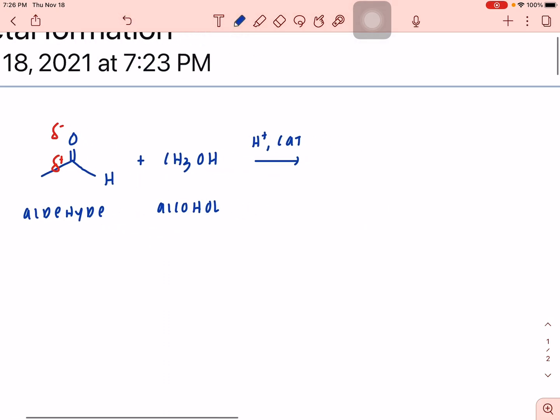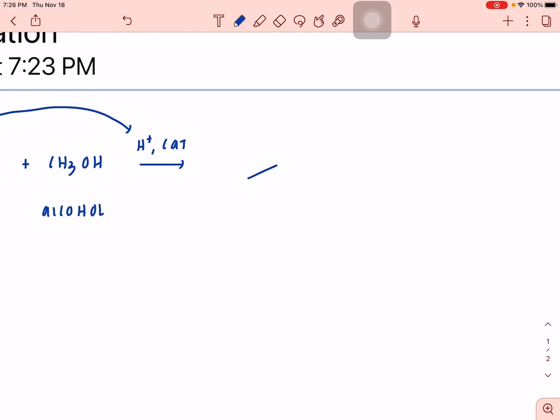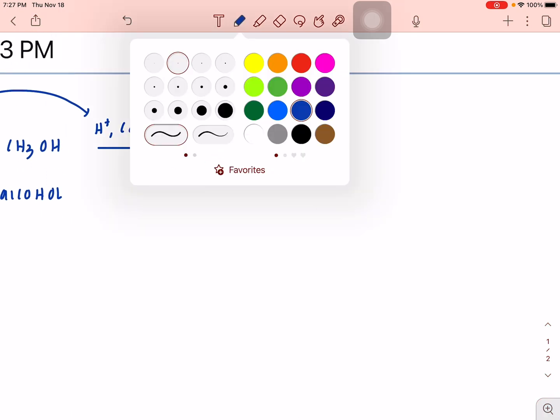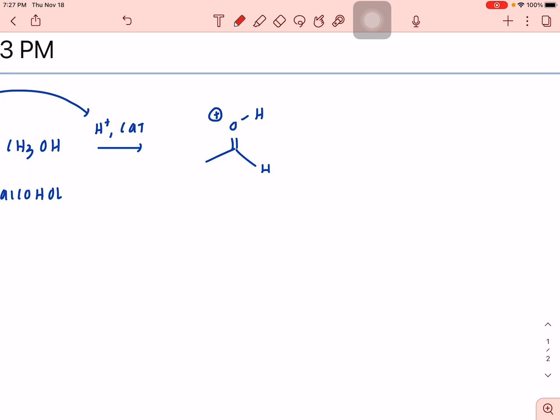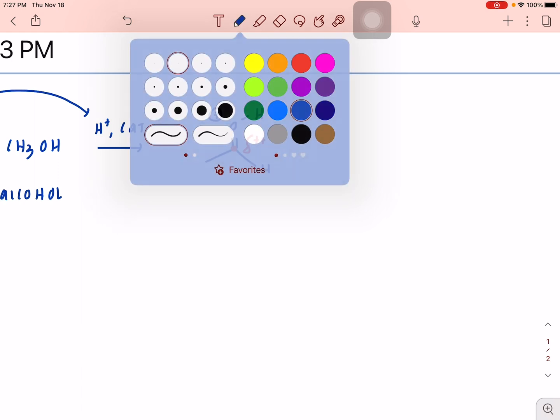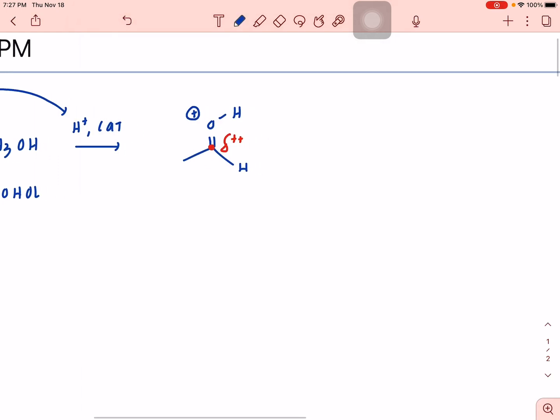But when our oxygen grabs onto the hydrogen, inherently being catalyzed, this is what we get. Oxygen is already partially negative, but now it's positive. So in order to counteract that positive charge, this carbon is now super partially positive, so this is a really good electrophile.